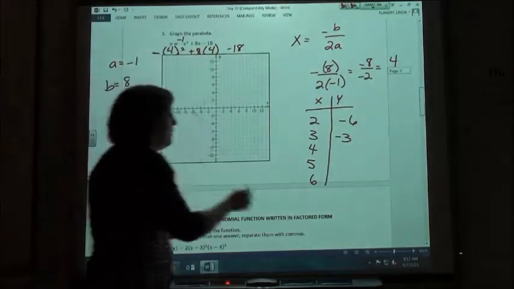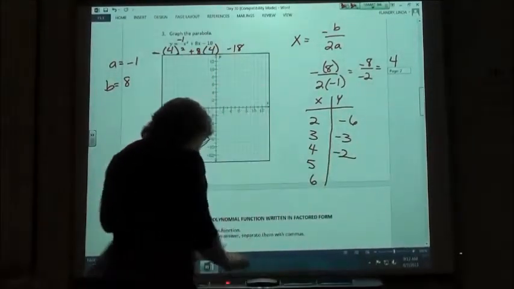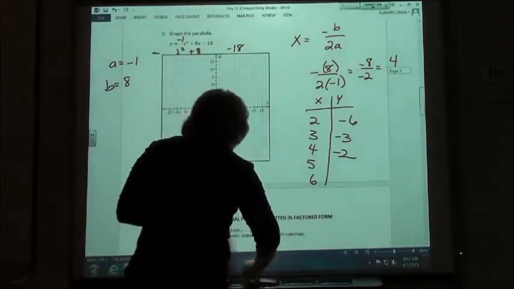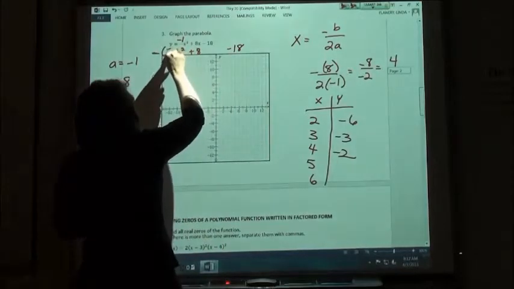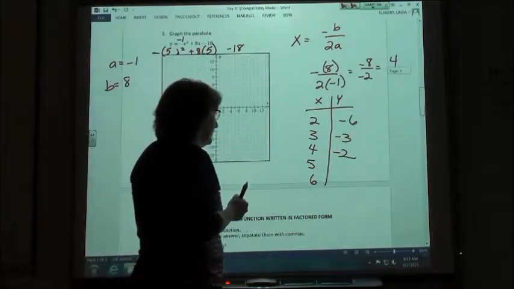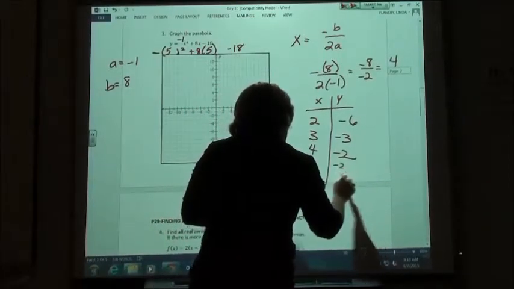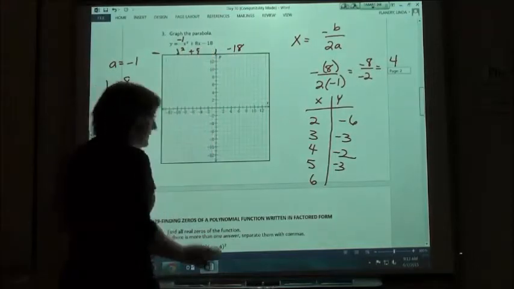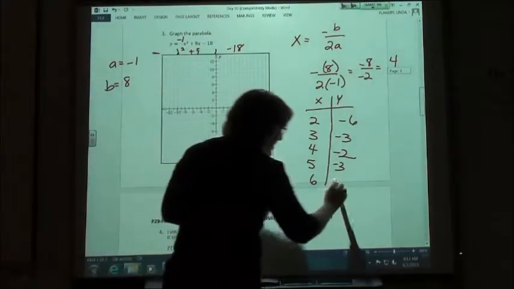Negative 2. Then we got to put our 5 in. Negative 3. And then we have to put our 6 in. Well, we just say negative 6. It should be.